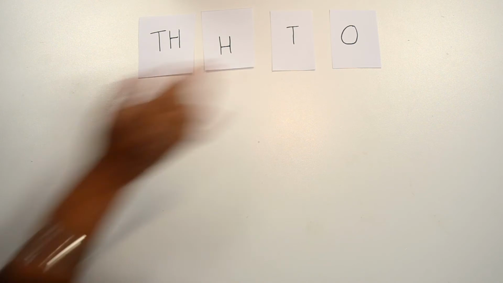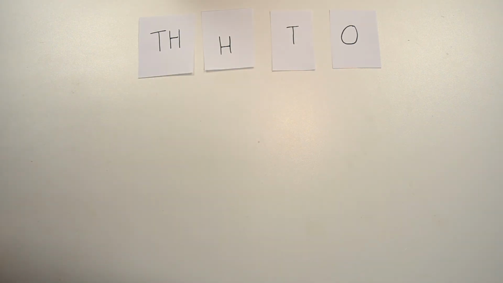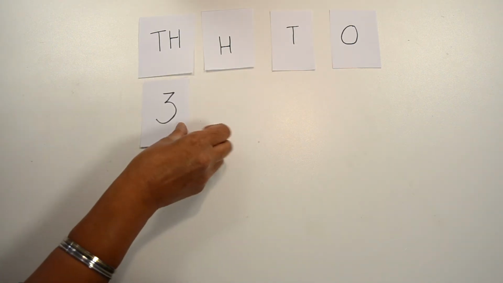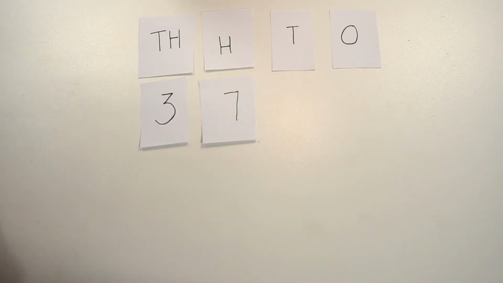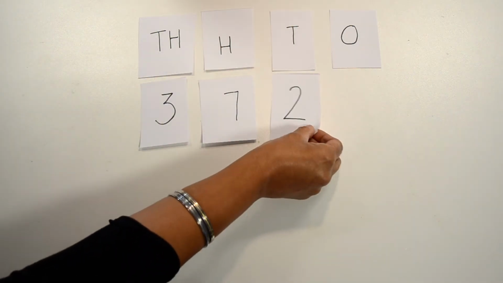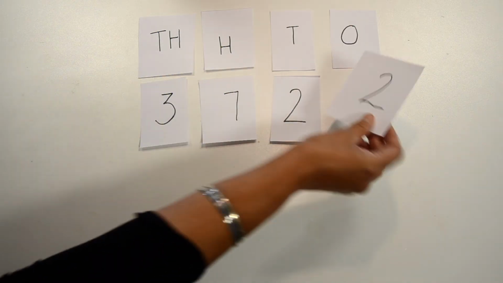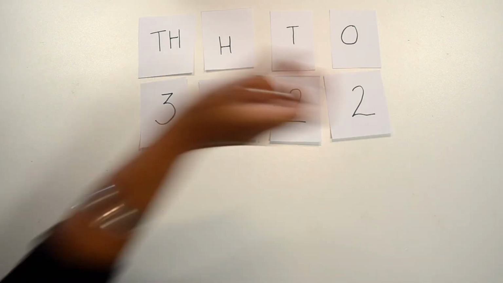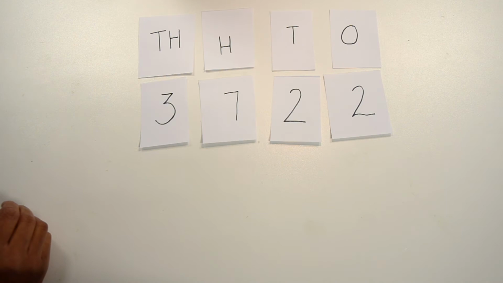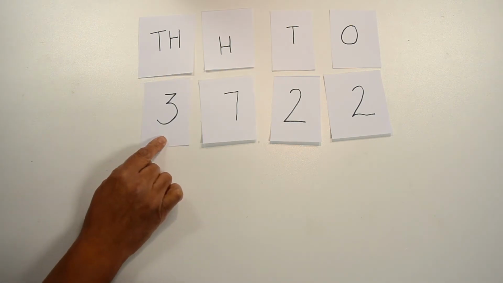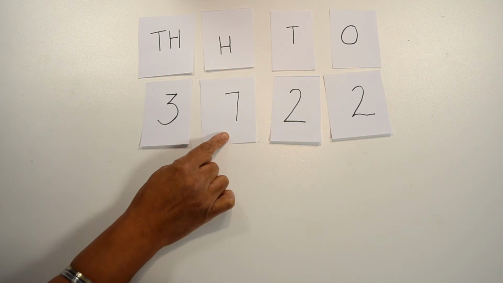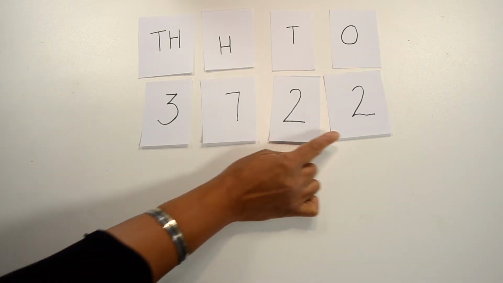And the number I'm going to make is 3, digit 7, 2 and 2. Let's read the number out together. 3,722.